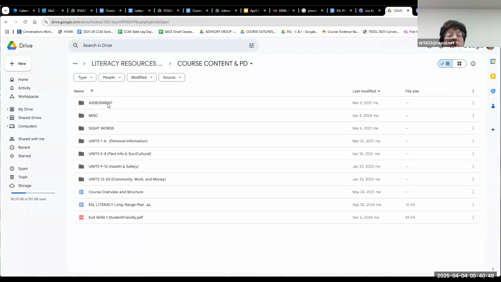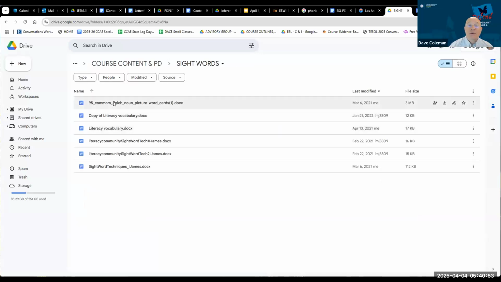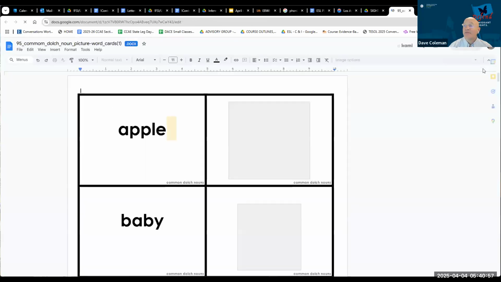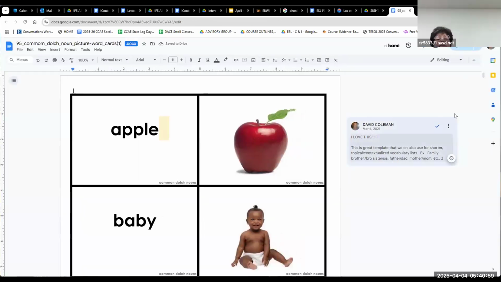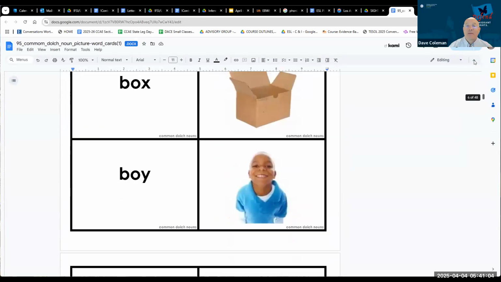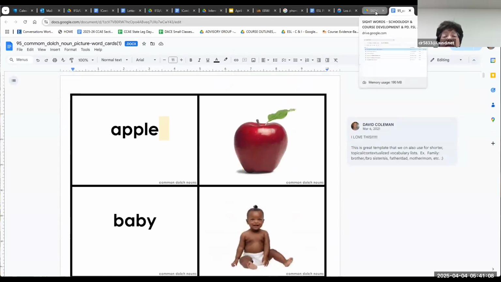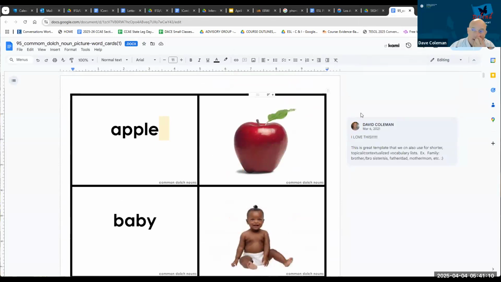So let me go back to sight words. You know that we talked about those 100 words? Here's a list of 95 of them. Oh, that's fantastic, with a picture. Did you put that together, Dave? No, it's something that Irene did, I think. Great.